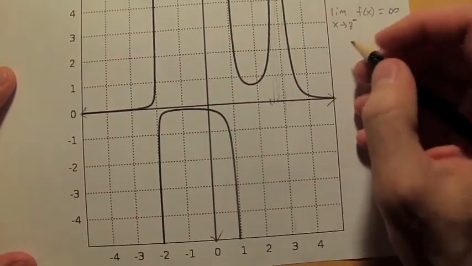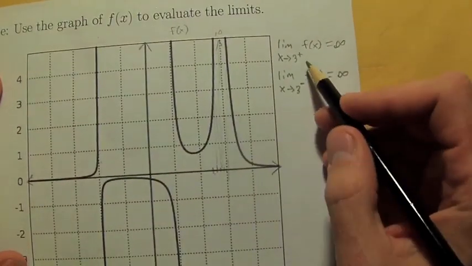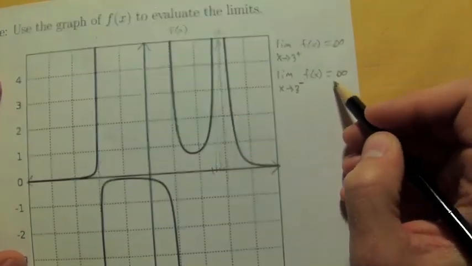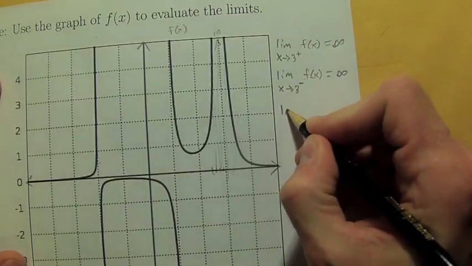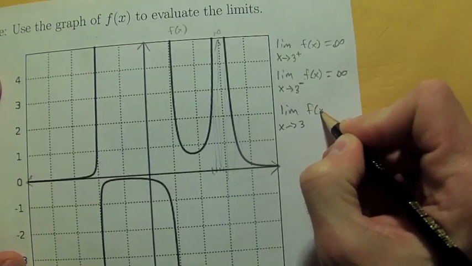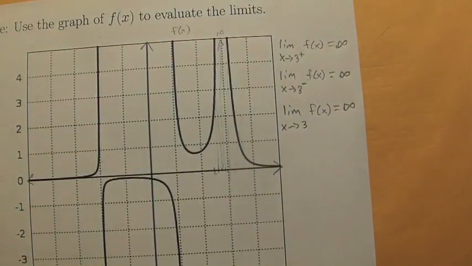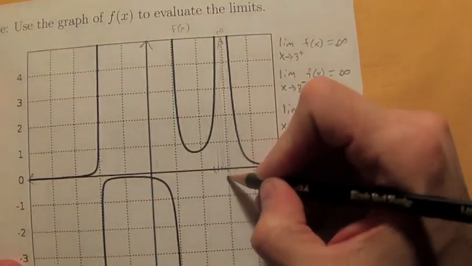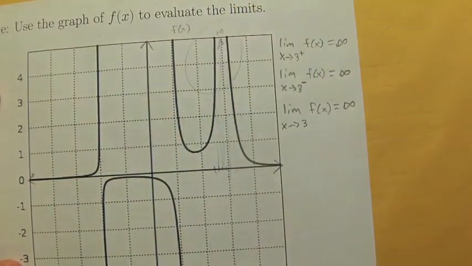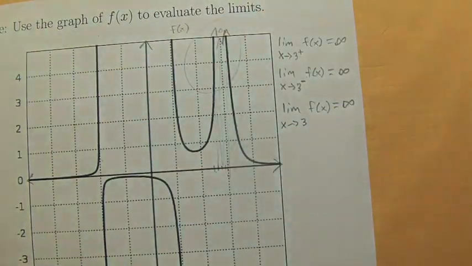So the limit from the right and the limit from the left both equal infinity, so we can actually say that the limit as x goes to 3 of f of x is positive infinity. That makes sense. At 3, the graph on both sides is going up to positive infinity.